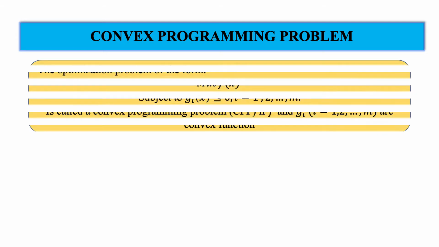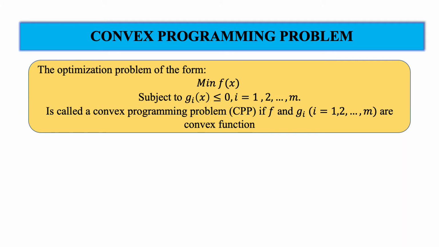Now consider this general mathematical programming problem that is of minimization type, and all the constraints are less than or equal to type. That is, I am having m number of constraints. So this problem is a convex programming problem if my function, which is the objective function, and all the gi for i from 1 to m are convex functions.